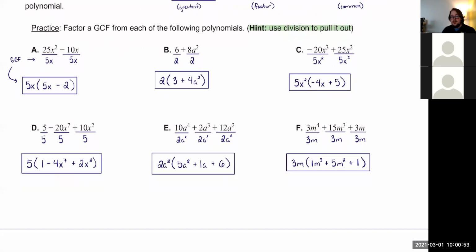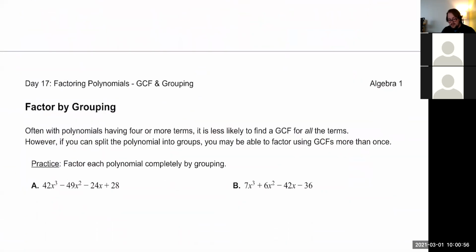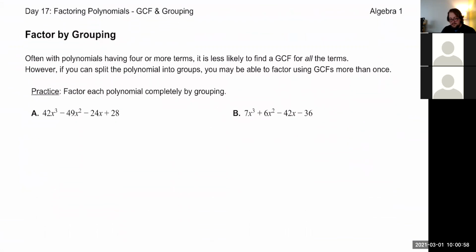what I'm going to do then is introduce you to a new process called factor by grouping that allows us to use the idea of greatest common factors in a slightly more creative manner.